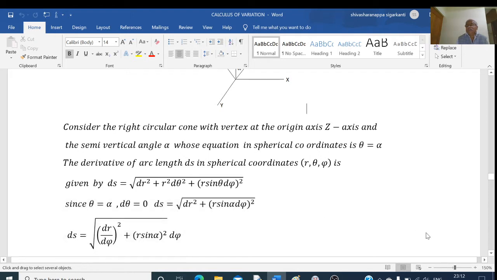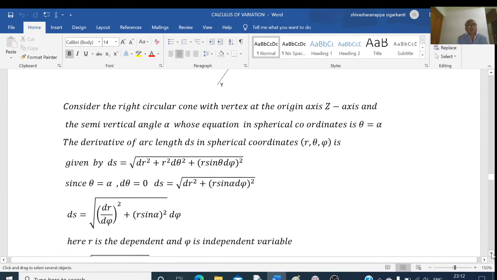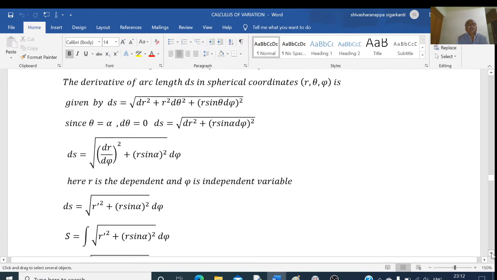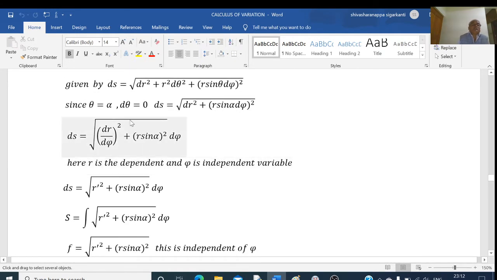This is my ds, and if I integrate this, I will get s. So here I have taken r as the dependent variable and phi as the independent variable. That is, in place of x I have phi, in place of y I have r.